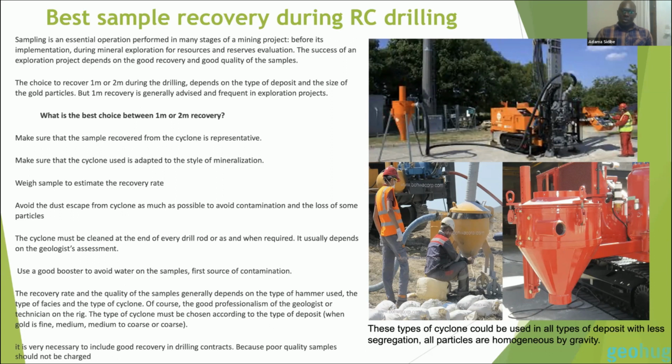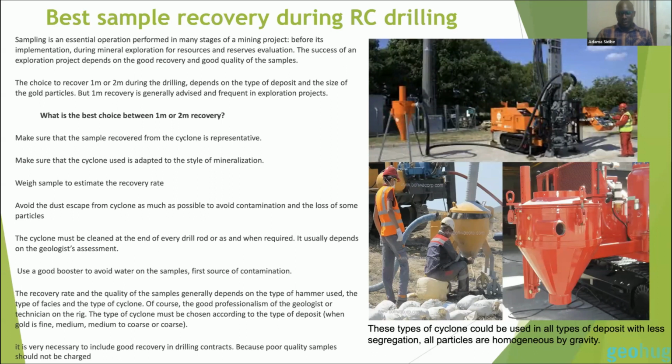Weigh the sample to estimate the recovery rate. Avoid dust escaping from the cyclone as much as possible to avoid contamination and loss of sample particles. The cyclone must be cleaned at the end of every drill rod or when it's required. It usually depends on the geologist's assessment.